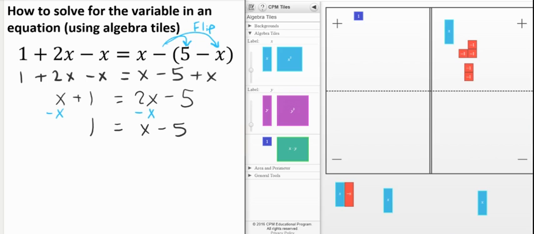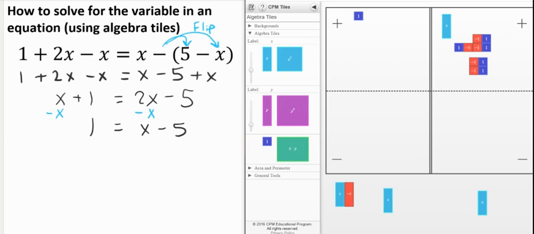Okay, so last thing is we want to get this x by itself, but we have these units here that we somehow need to get onto the left, but we can't just move them over. So how can I cancel 5 negatives? If I add 5 positives, then I'm going to make 5 0 pairs, and then I can cancel those out.